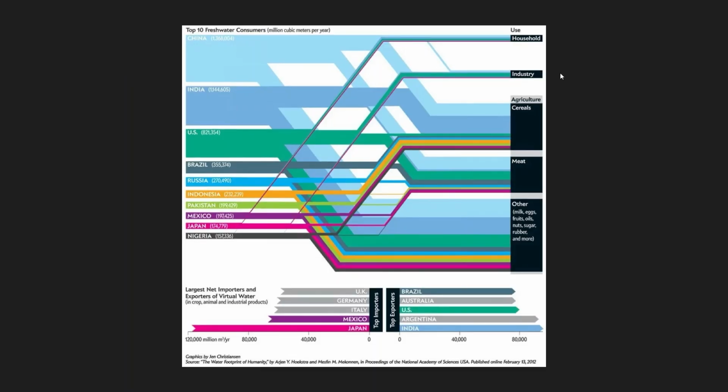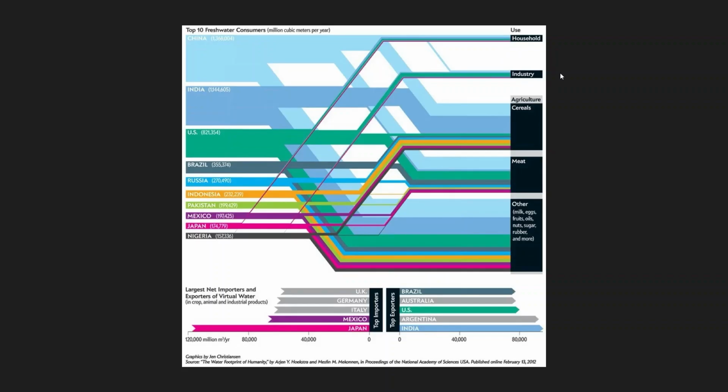Another example of information overload would be this chart. The issue with this chart is that it's about the distribution of countries' usage of water. I like the idea behind it, but it's just throwing too much at us. There's too much color, too much breakdown.